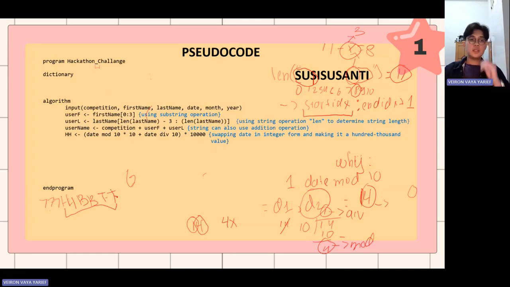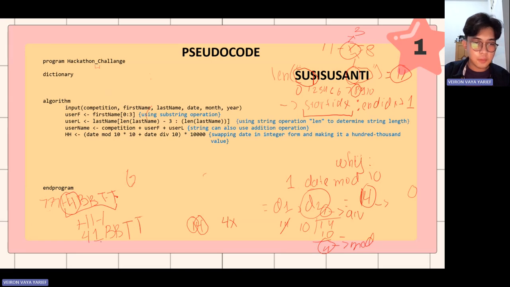Okay? So there will be 6 digits. Our HH will be the 100,000 values. It will be H. So if we have 14, we will take it as 41 B B T T.